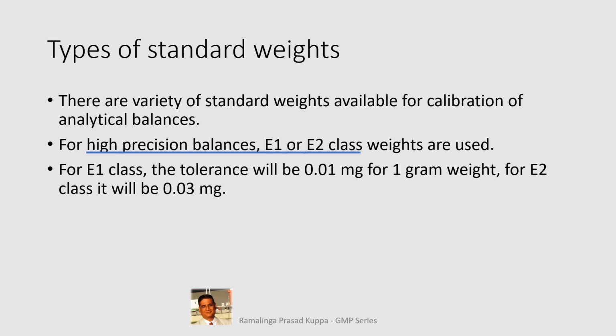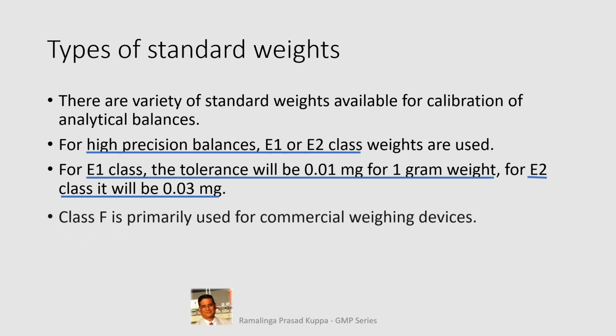For E1 class, the tolerance will be 0.01 mg for 1 gram weight. For E2, it will be 0.03 mg. As you can see, the tolerance for E1 type is 0.01 mg, and for E2 class it is slightly higher at 0.03 mg.